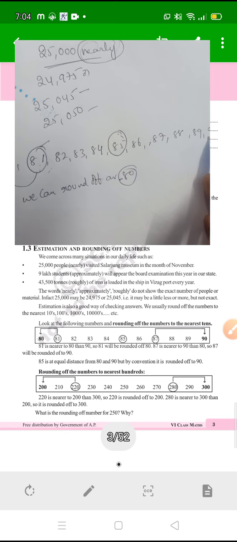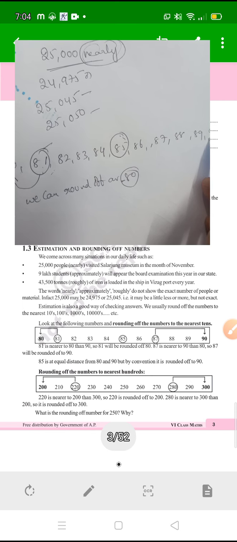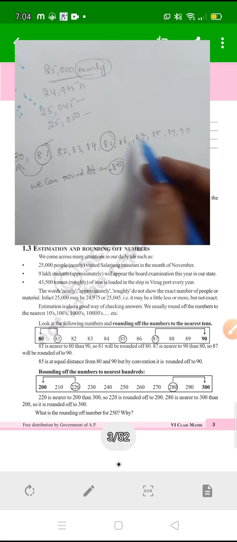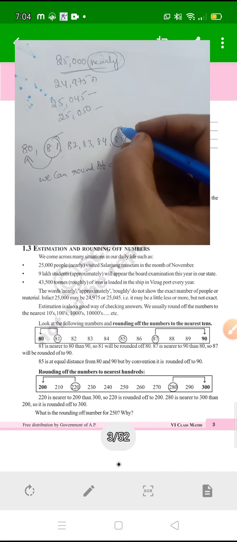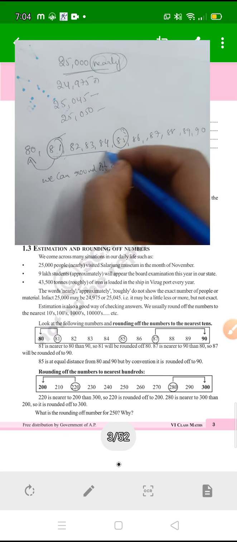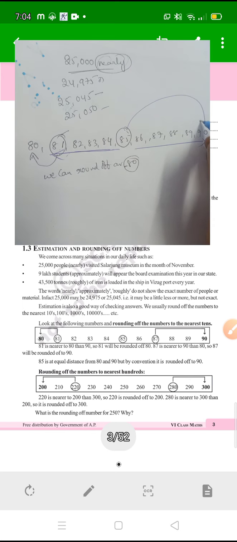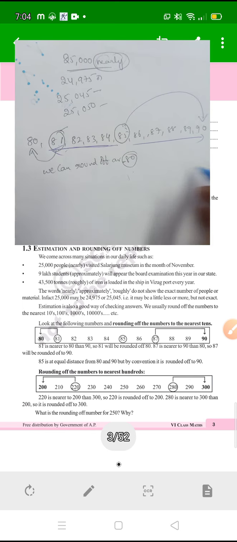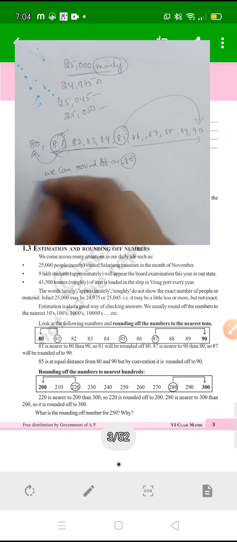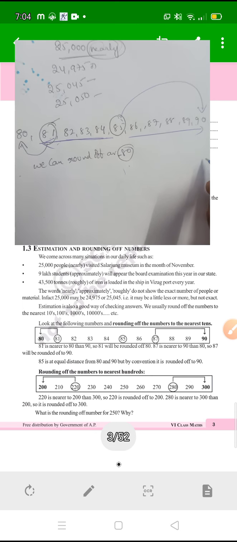How do you round off this one? 85, by convention, is rounded off to 90. If there are equal distances between this one and this one, then you should take 90.